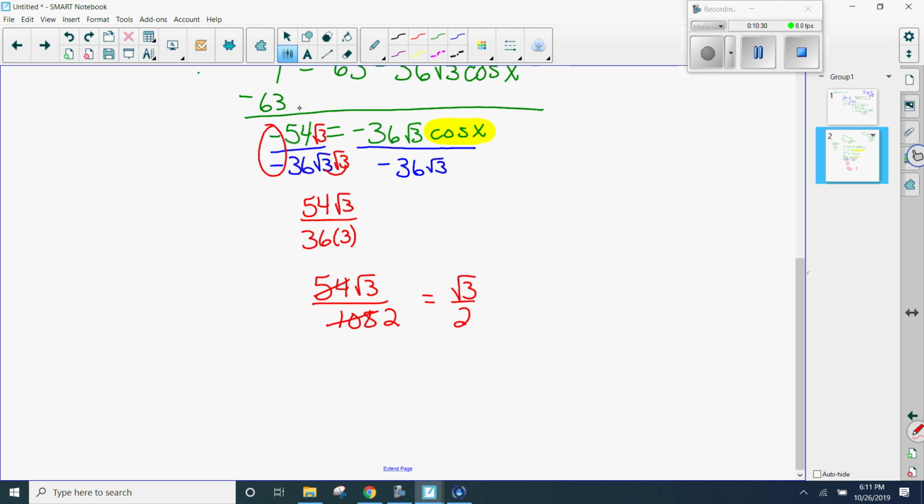Now that's just for the right-hand side. Maybe I should write that underneath. As you simplify that, you get radical 3 over 2. And on the other side, when the negative 36 radical 3 cancel, you are left with the cosine of x. What this is saying is, the cosine of what angle is equal to radical 3 over 2?